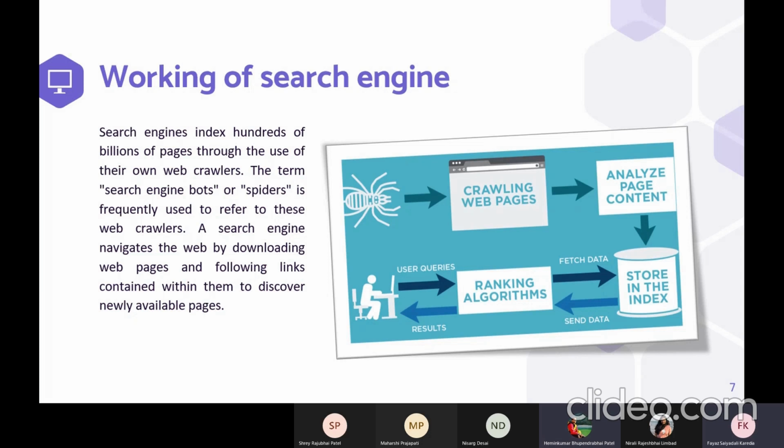When a user types a search query into a search engine, all of the pages in the index that are considered relevant are recognized, and an algorithm is used to rank the relevant pages hierarchically into a set of results. Each search engine's method for ranking the most relevant result is different.